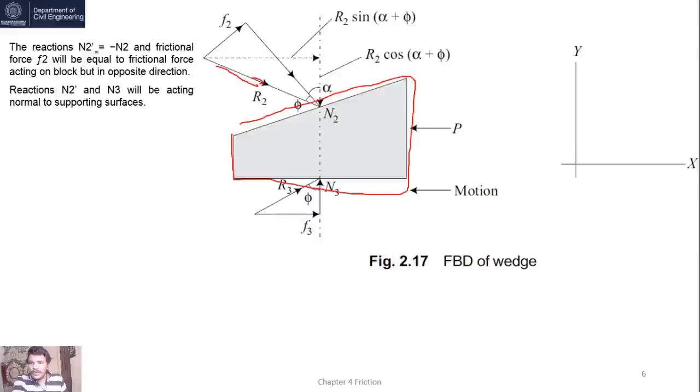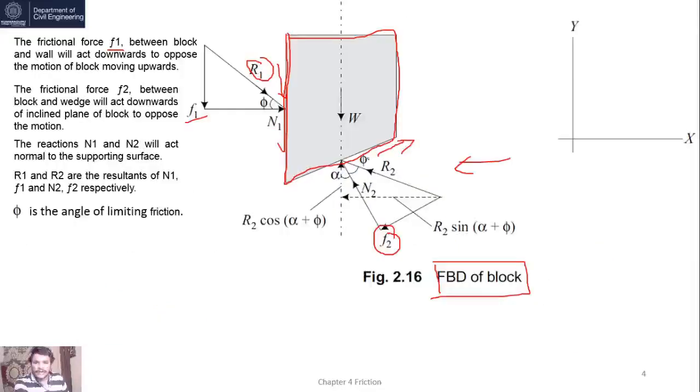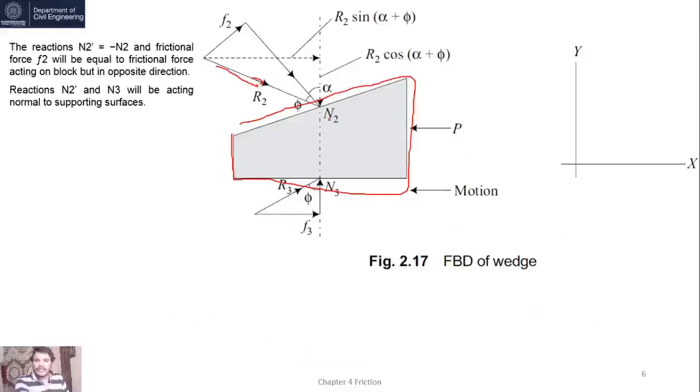So here N2, in the previous case, the N2 is in this direction. Here it is acting in the opposite direction. The intensity is same, but it is in negative direction, and frictional force F2 will be the equal force acting on the block in the opposite direction. So reactions N2 and N3 will be acting normal to the support surfaces.